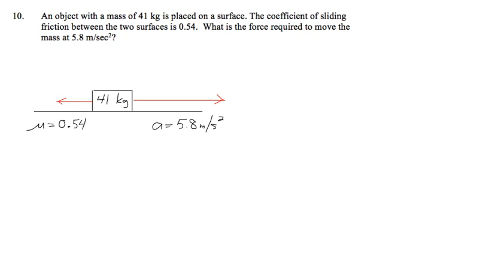When I draw those arrows, I'm going to draw them different lengths because I know the one to the right is going to be a bigger number than the one to the left, because I know it's going to accelerate to the right. So we call this force right here the applied force, and that's our unknown. I'll also label it right here on my picture as my unknown.